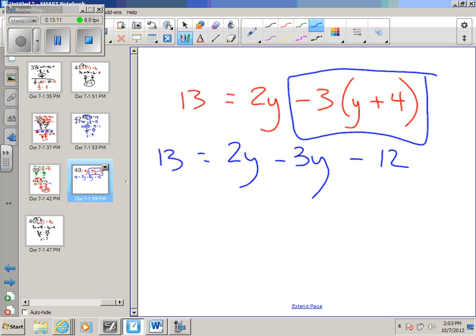So now here is what we have. Now it's our job to try to clean things up. A positive 2y minus 3y. 2 minus 3. Negative 1y minus 12. Here's my 13. Opposite of subtracting 12, add 12. Add 12 to 13.